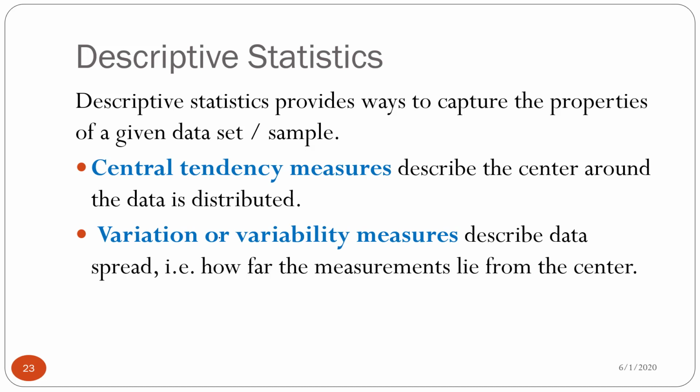Now, when you have data and you need to come up with descriptive statistics, there are two kinds of measures. One is called the central tendency, which tries to find the center of the data that we have.